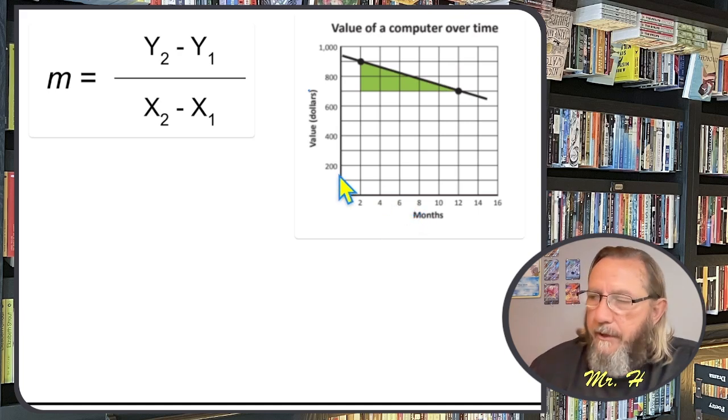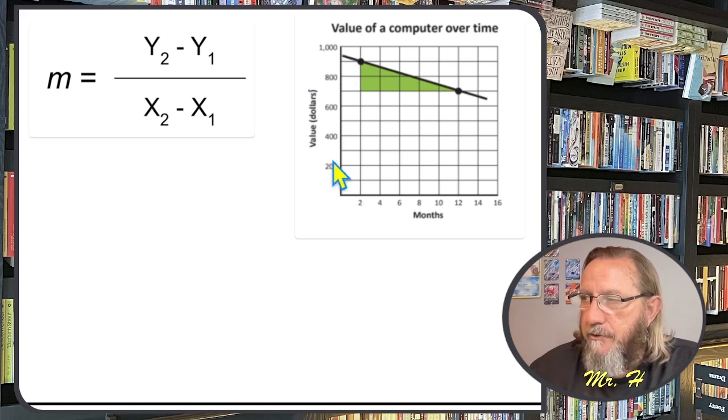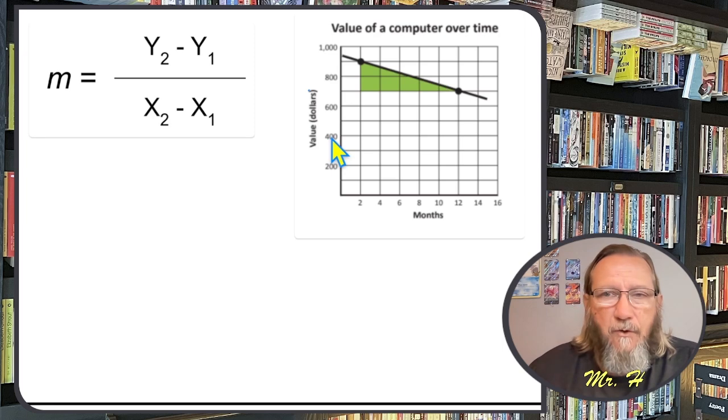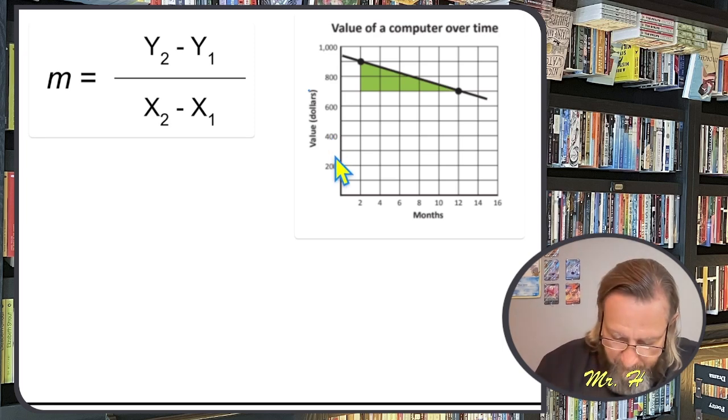All right. Going up the y-axis, the value in dollars. What's every grid line worth? It's actually worth 100, because on the second grid line we call that 200, and the next one that's labeled is 400. So what's not labeled for us is this one right here, which is 300, 100.